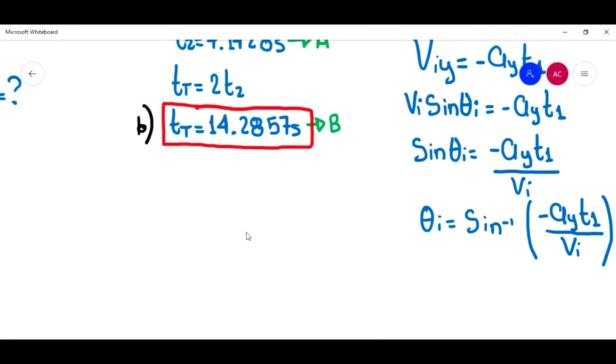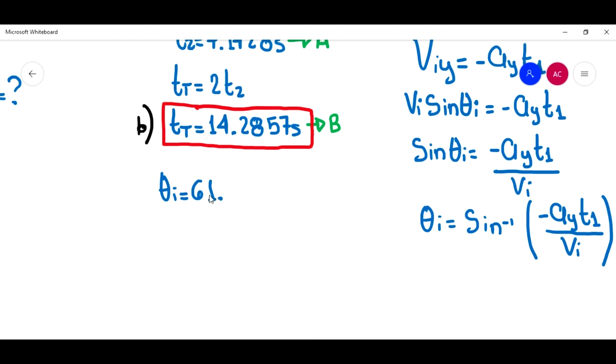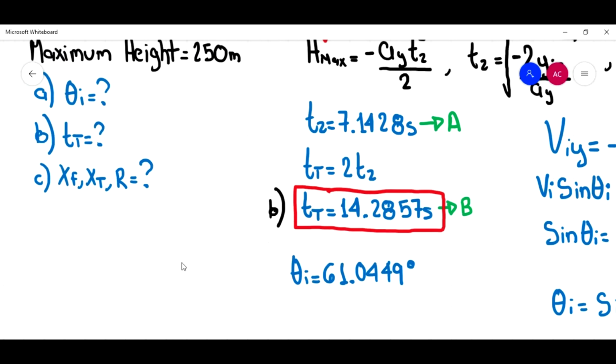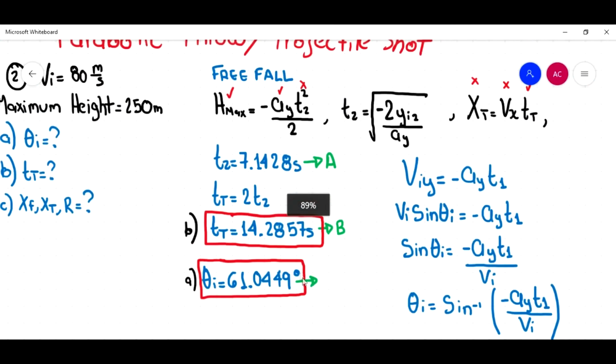Okay, so I'm just gonna write the answer over here. Initial angle equals 61.0449 degrees, and that's letter A. This is letter A. I'm gonna circle it with red, and I'm gonna save this in memory.